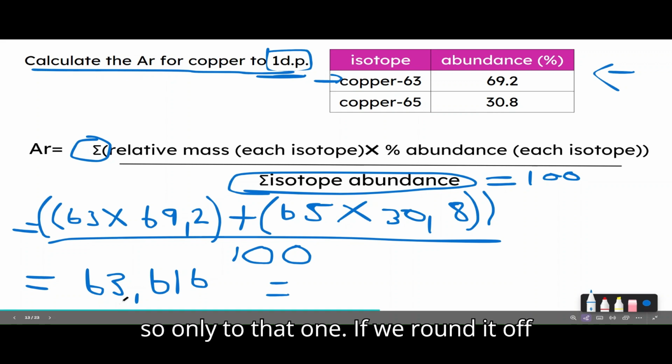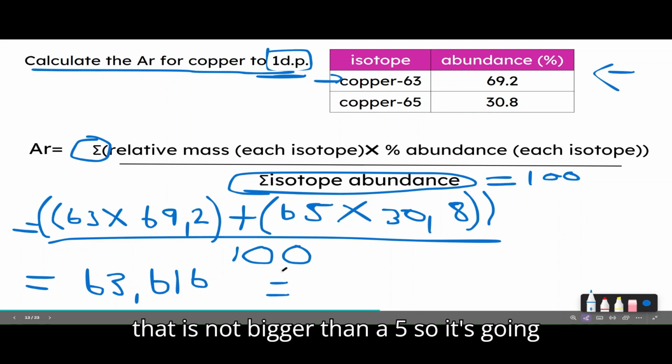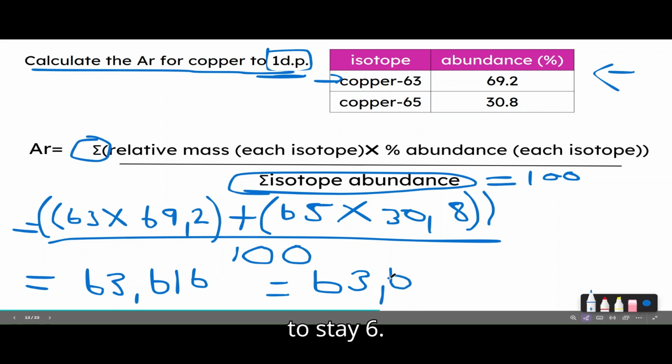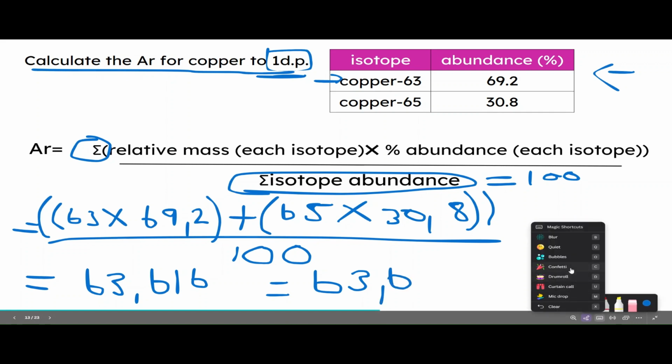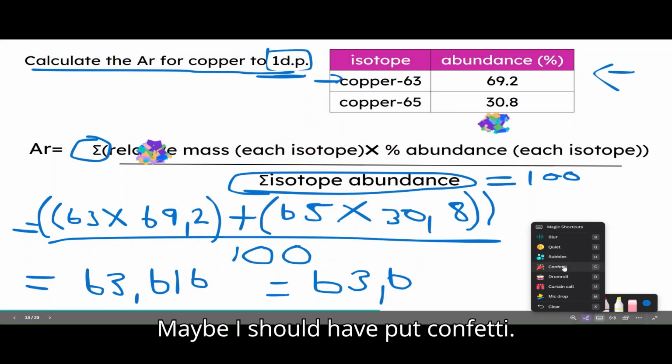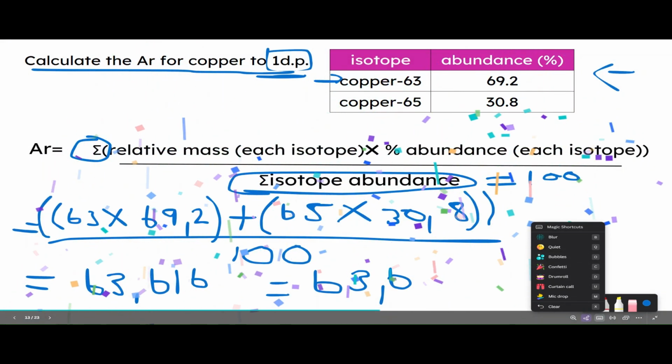If we round it off, that is not bigger than a 5, so it's going to stay 6. Yay! Maybe I should have put confetti.